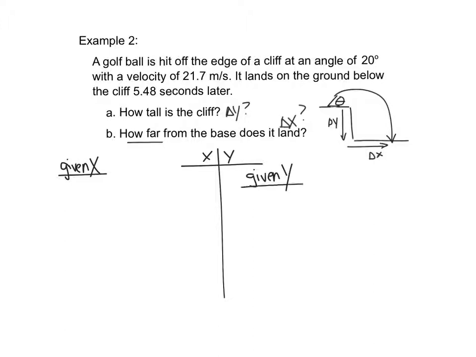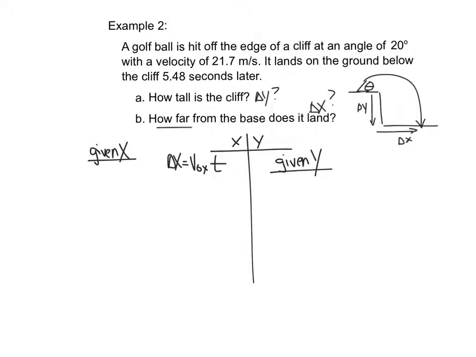Now, in regards to the given information, obviously we know our delta x equals v naught x t equation will still be the only equation we can use in the x direction. But with the velocity, we obviously are going to have to do a little bit of trig. So this video is not going to go over the trig rules and how those are derived, but at this point you should kind of know that when we're solving for the v in the x direction of these problems, it's going to be the velocity times cosine of the angle.